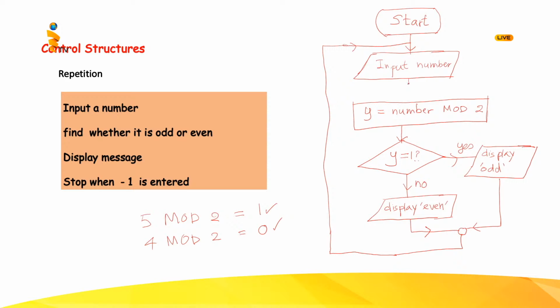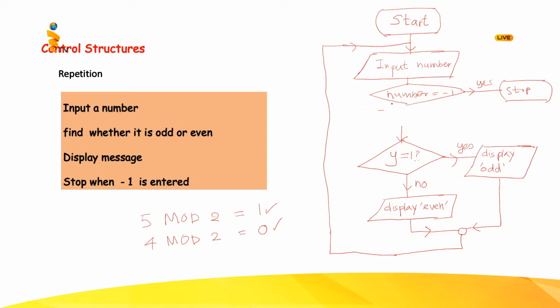Once I input a number, I check whether the number is equal to -1. So what is my condition? If I enter -1, the program should stop. So I can use my stop symbol here. If it is not equal to -1, my program should go on.